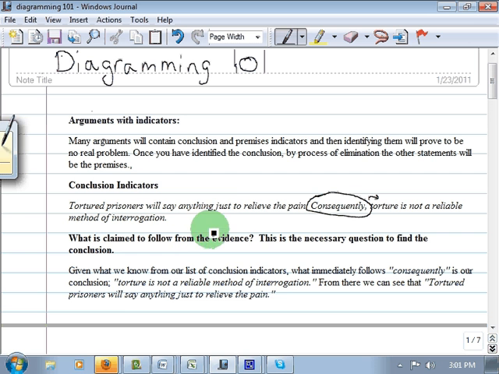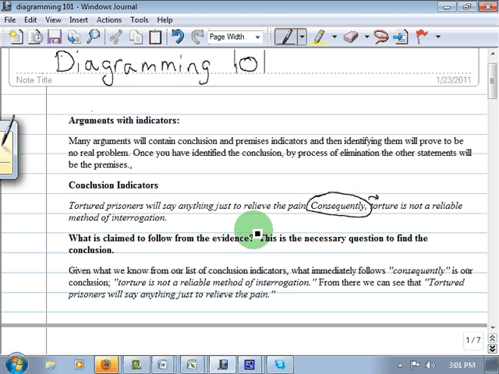What is claimed to follow from the evidence? So notice when I go back here, I say why, tortured prisoners say anything. What comes after that? This is my evidence for torture is not a reliable method of interrogation. How do I know that? My evidence, tortured prisoners will say anything just to relieve the pain. So this is the necessary question: what is claimed to follow from the evidence?